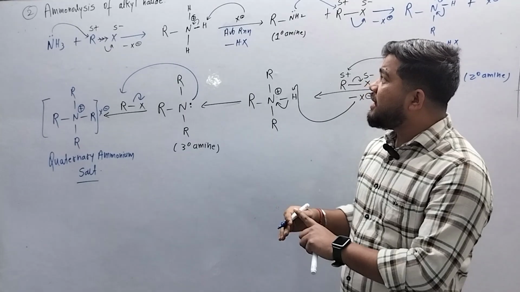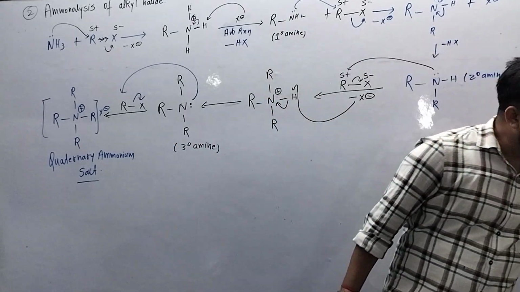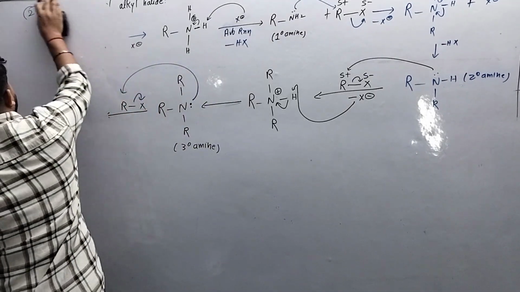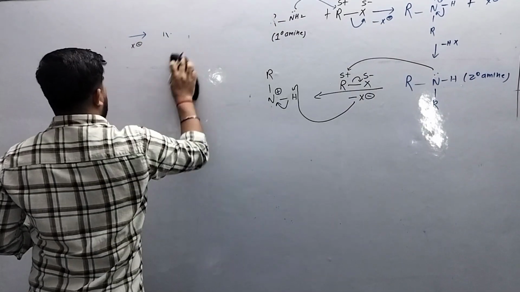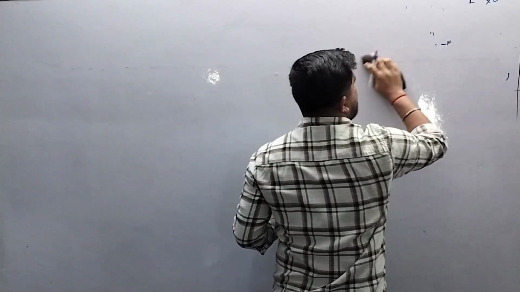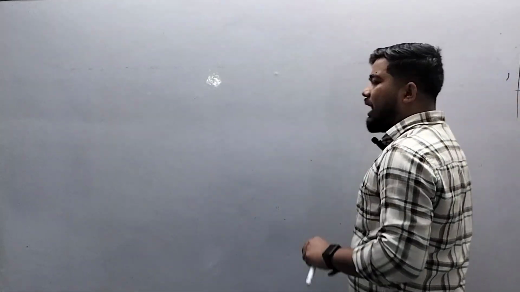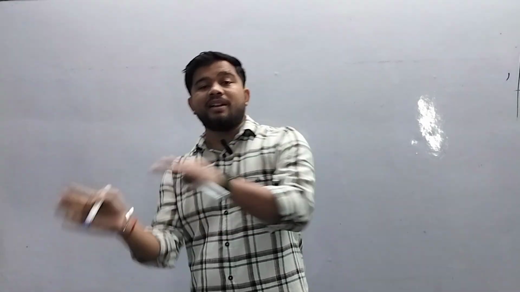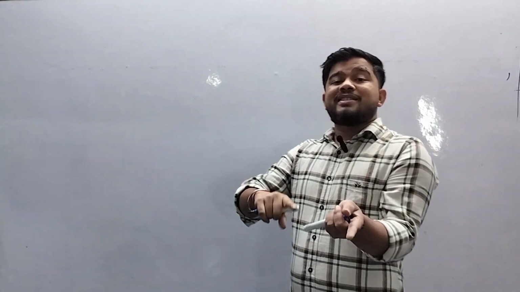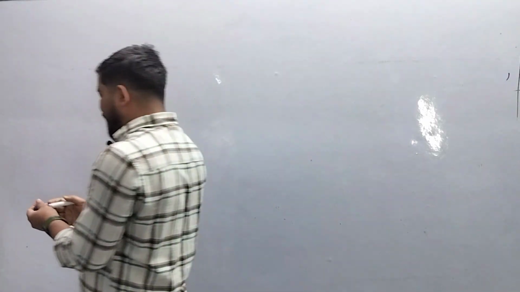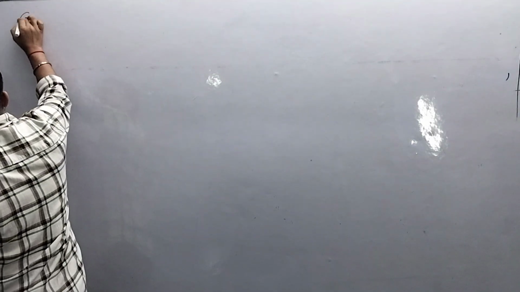Our next reaction is the reduction of cyanide, alkyl cyanide or nitrile. Cyanide is converted into 1 degree amine. CN is converted into CH2 and NH2.